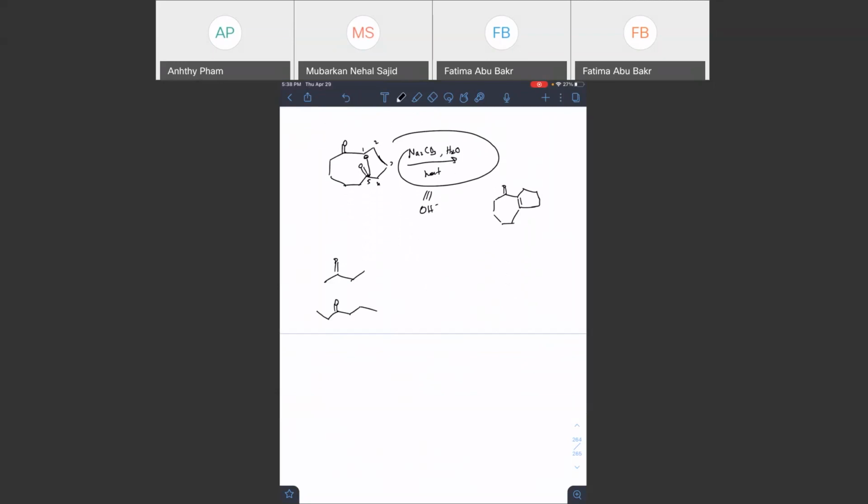In this situation, you could develop a negatively charged carbon in any of these positions, right? And from there, they could react with the carbonyls, and you would end up with so many different products because each one of these hydrogens is different. So that would never ever do. So watch out for that one.